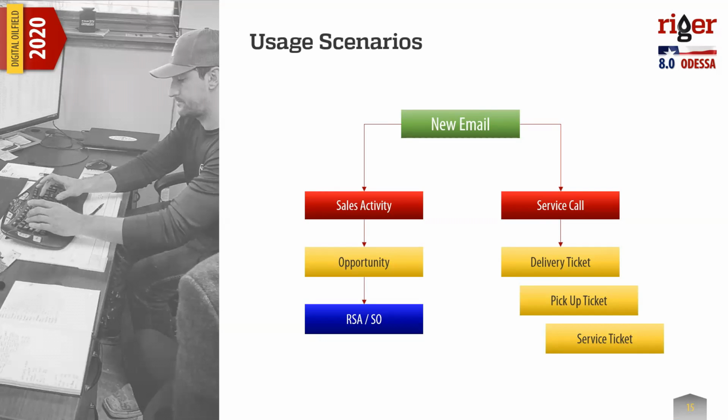And in this email, we can have essential information that can be converted to the service call document. And then the service call document may trigger a delivery ticket for the equipment or pickup ticket if the job is done, or sometimes it's just a service ticket to provide additional services to the client.